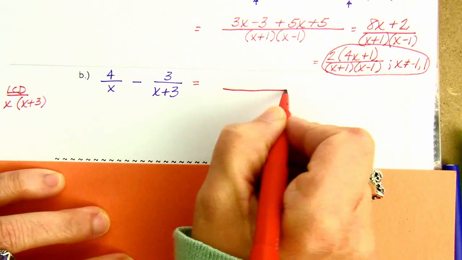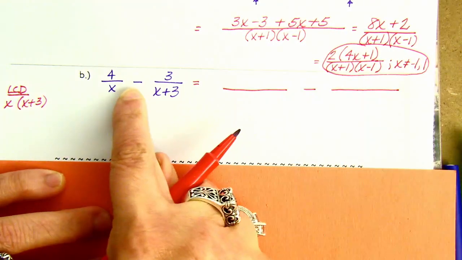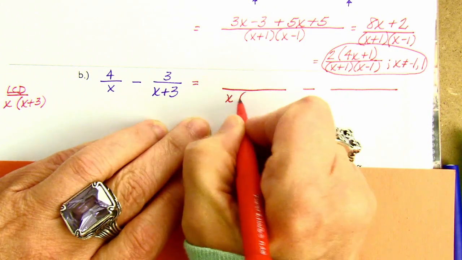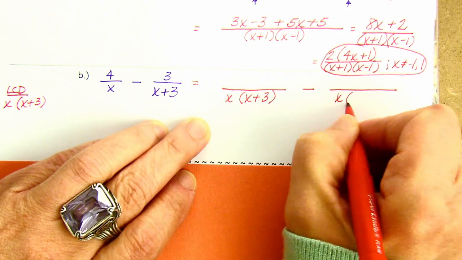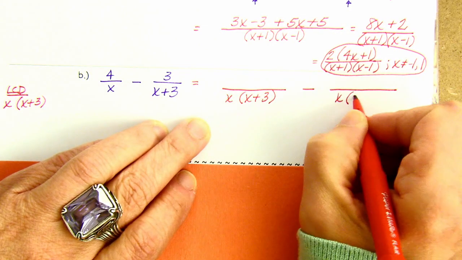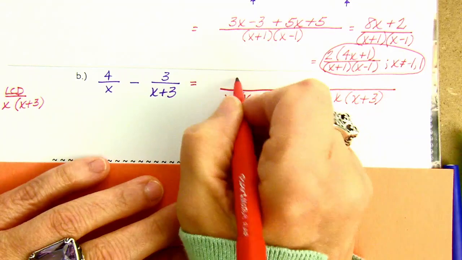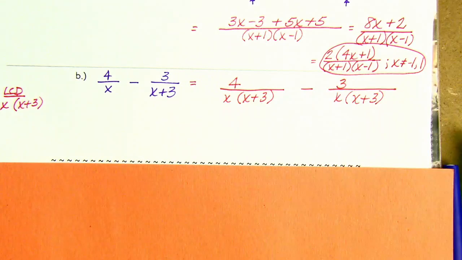So I'm going to write 2 fraction bars with the subtraction in between. That was the original problem. I'm going to write the LCD in both denominators. I've got x multiplied with the quantity x plus 3. I'm going to copy what was already in those numerators.